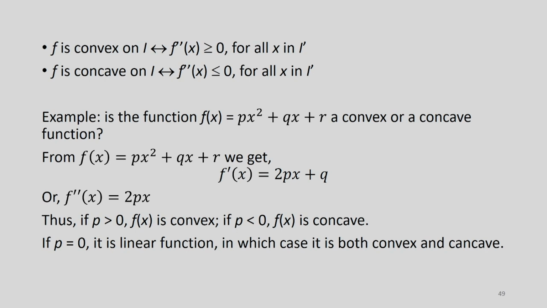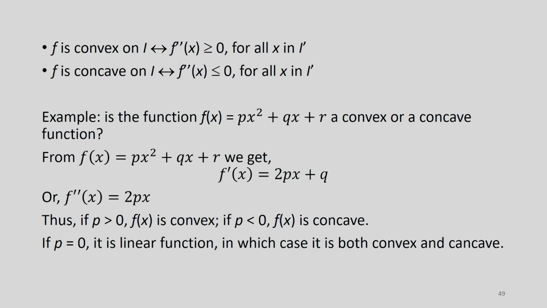It is possible that the second derivative is equal to 0. f double dashed of x greater than or equal to 0 means that the derivative of f is rising, and f double dashed of x less than or equal to 0 means that the derivative of f is going on declining.